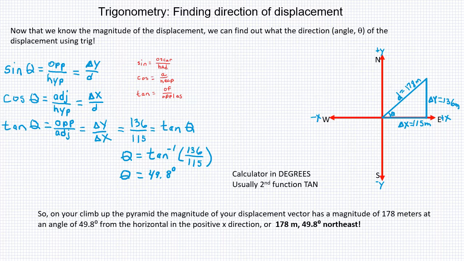The hypotenuse is H, which is the D here. And then this side, which is the X value, is the adjacent.